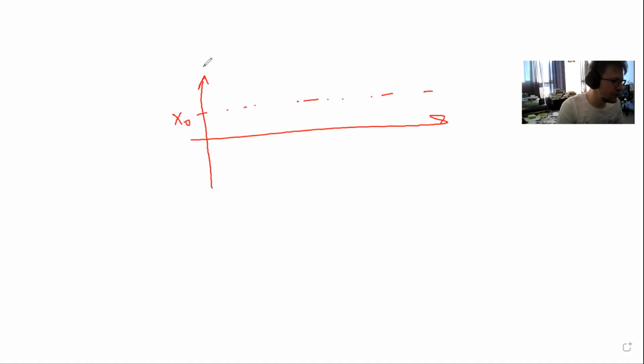And the solution can approach it. Let's say here is a solution. I will even take a different color for clarity. Here is a solution that approaches it, in the sense that it gets closer. The more time passes, the closer it gets.